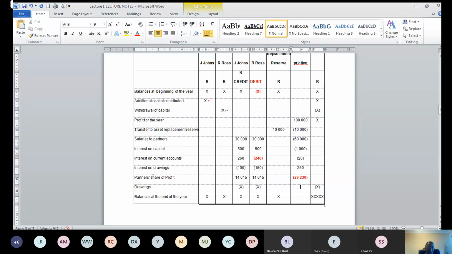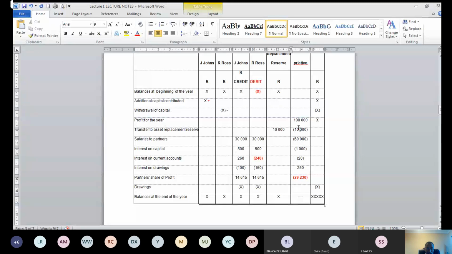Important to note that when we speak about the partner's share of the profit, you must first calculate the available profit. Many students take the 100,000 and divide that. It is wrong to do that because the 100,000 Rand is the profit that was calculated in the statement of profit and loss and other comprehensive income. Thereafter, you must take into account the conditions of the partnership agreement.